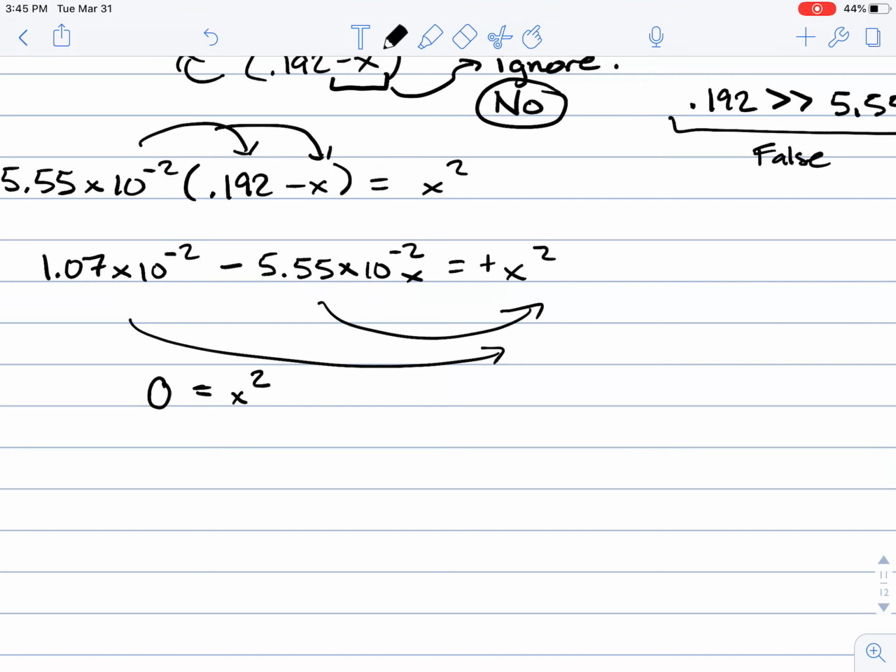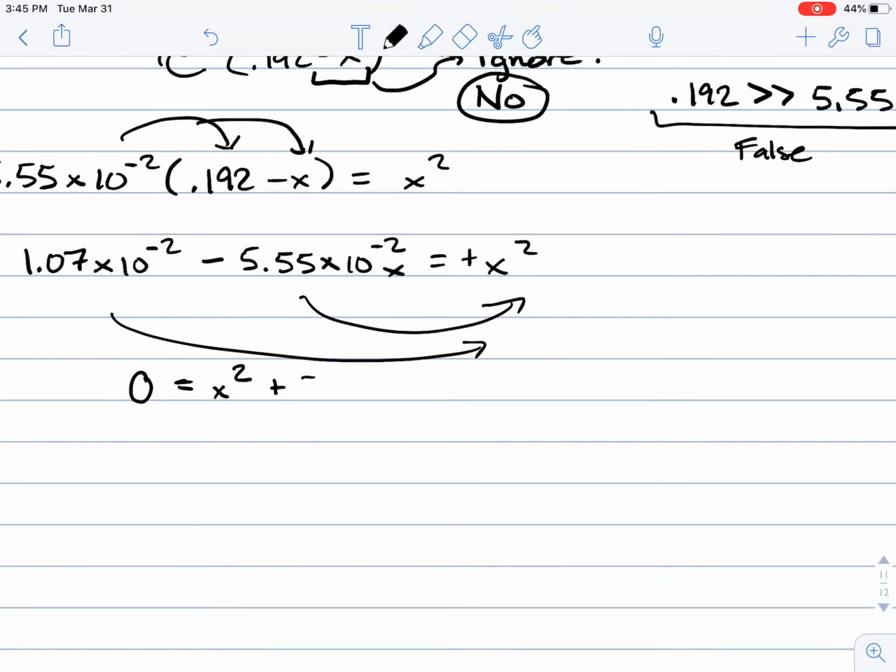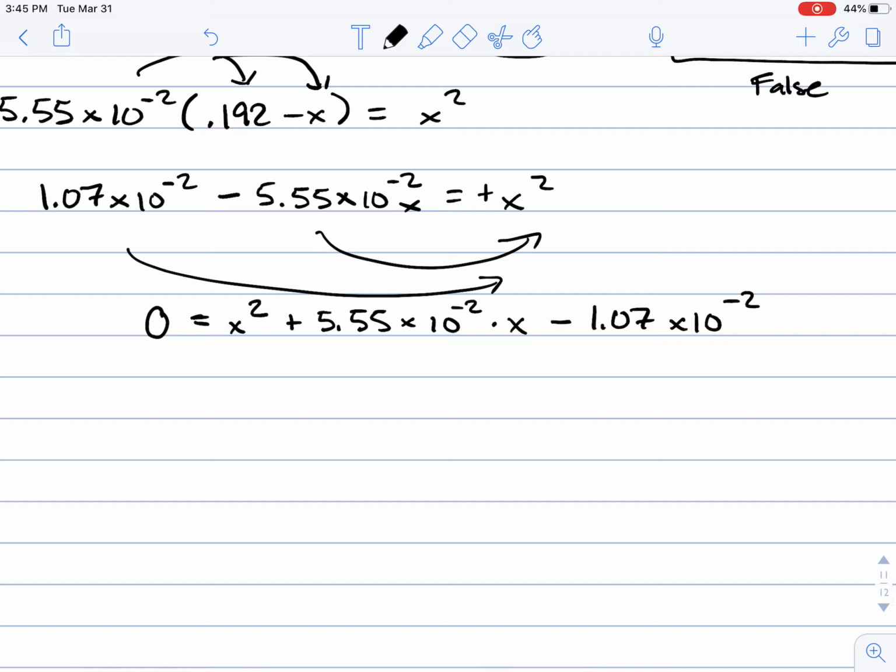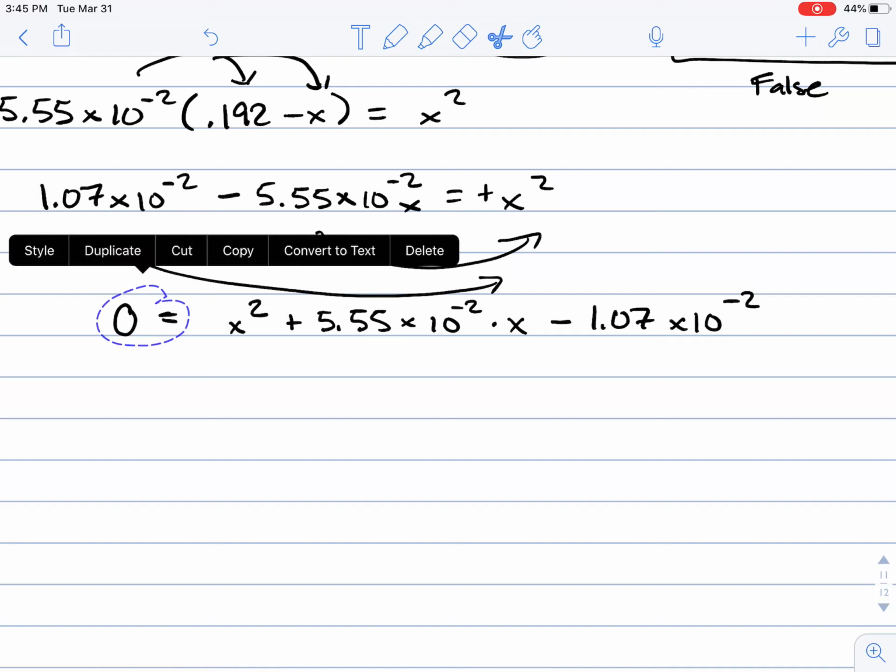And I'm going to get x squared plus 5.55 times 10 to the negative 2 power times x minus 1.07 times 10 to the negative 2. And so I'm going to scoot this a little bit further to the left.